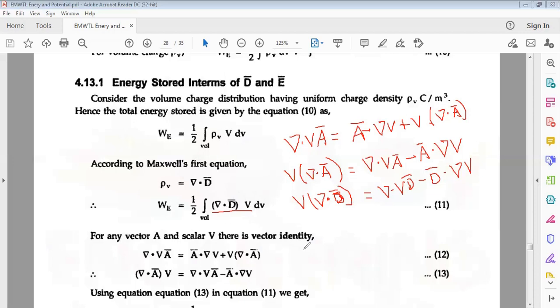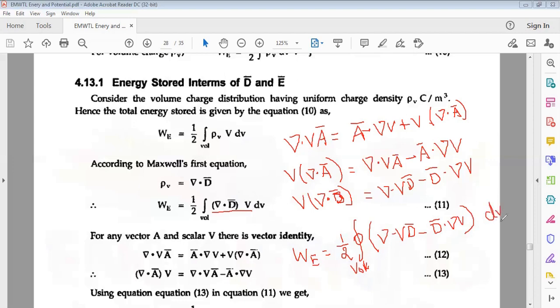Now W is equal to 1 by 2 the volume integral of del dot d bar into v, which is rewritten as del dot (v d bar) minus d bar dot del v, whole multiplied with dv.